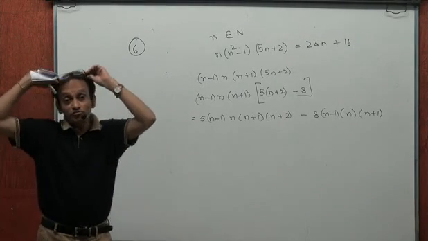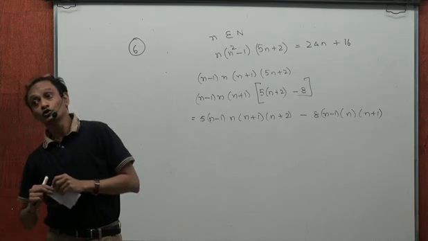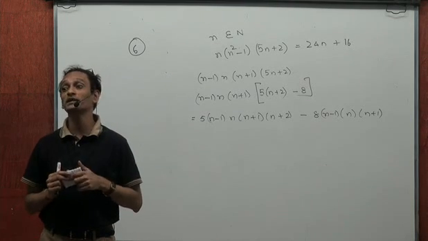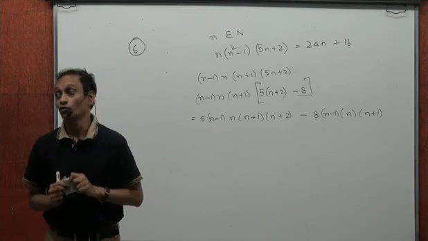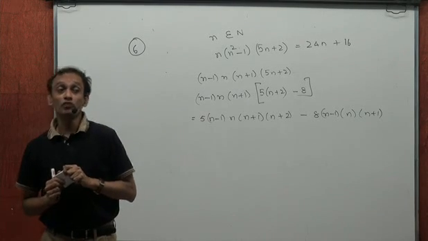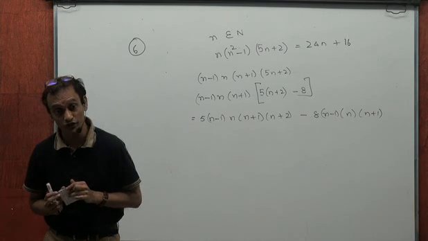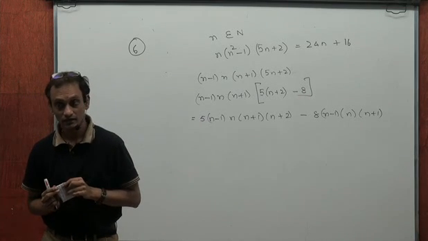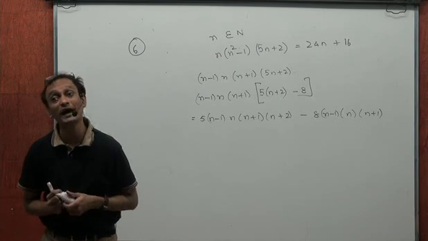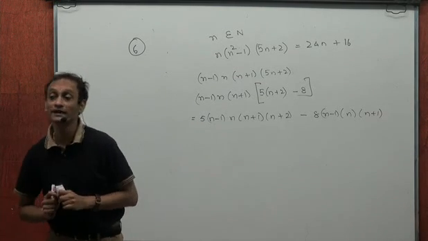If you remember one of the earlier sessions, I told you the product of 4 consecutive integers will always be divisible by 4 factorial. The product of 3 consecutive numbers will always be divisible by 3 factorial. The product of r consecutive numbers will always be divisible by r factorial. In an earlier session, I had spoken a little bit about it.